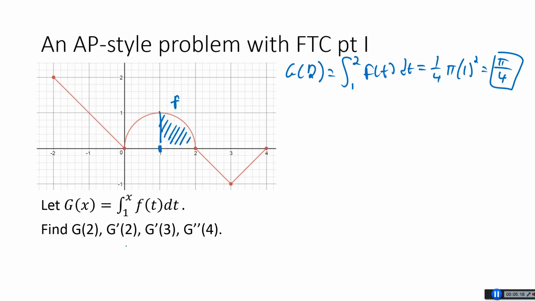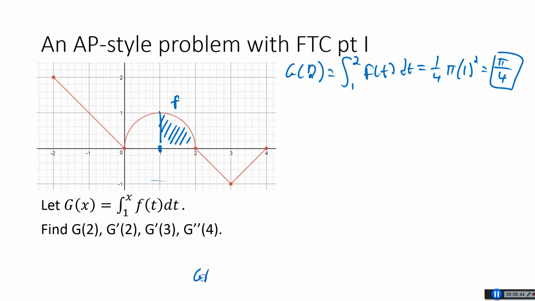g prime of 2. So the whole point of the fundamental theorem of calculus is that we are looking at the derivative of g. This graph right here, f, is the derivative of g. So what helps me to do this is I make what I call the tower of functions. Every time that you have a function like this that's defined in terms of an integral, I think the tower of functions is just incredibly helpful to make. So what I do is I would start at the bottom.